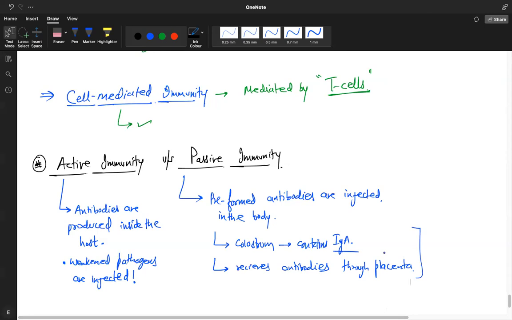Now you understood active and passive immunity, everyone? Any doubts?